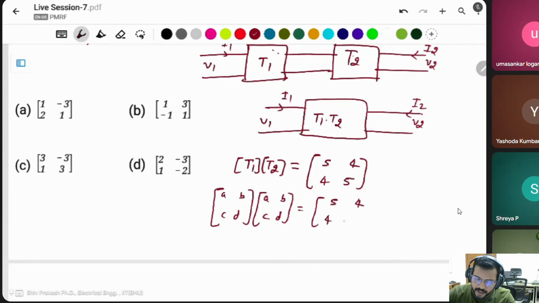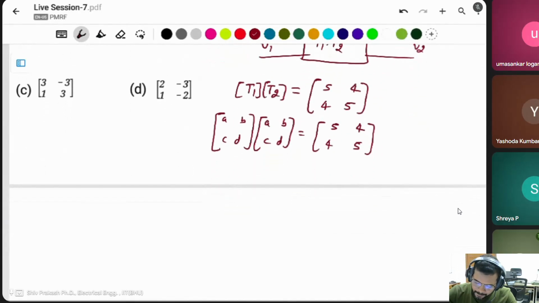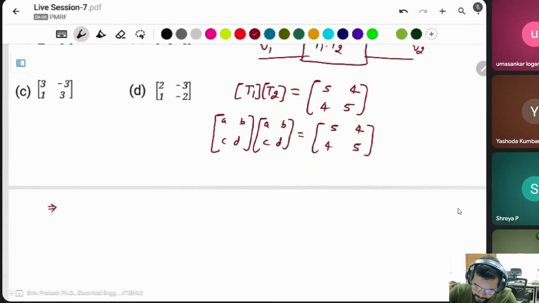5, 4, 4 and 5. Okay, we multiply this one, then what happens? These two are A square plus BC, and this one is AB plus BD.